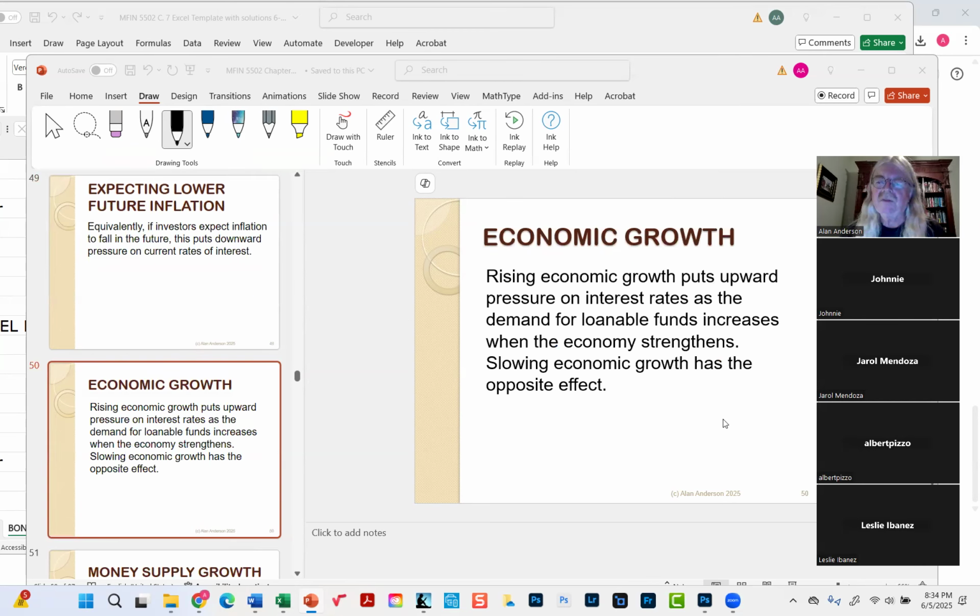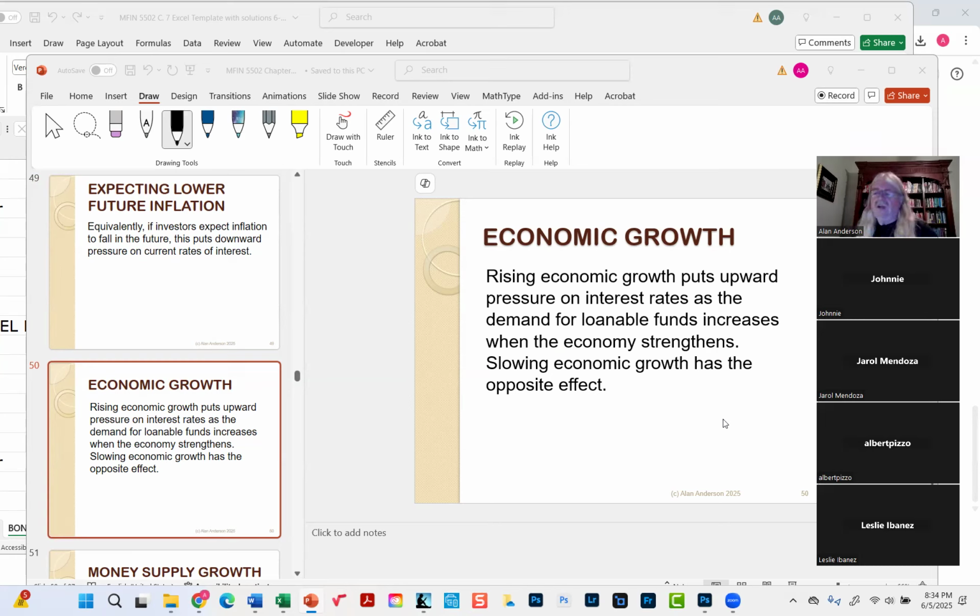Now, economic growth, of course, is good for everyone. When the economy is growing, that means everybody's optimistic, people's incomes are growing, they're more likely to want to borrow and then invest. They may be more willing to buy expensive items like housing, cars, and computers, maybe.